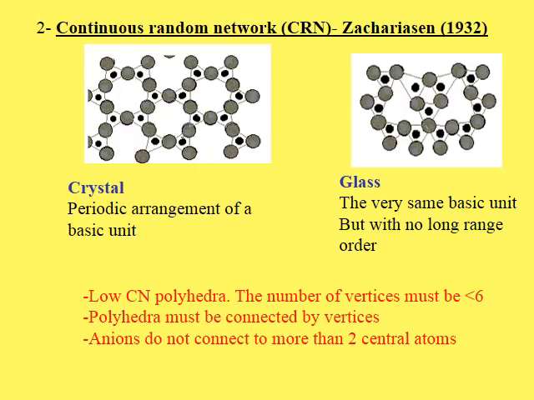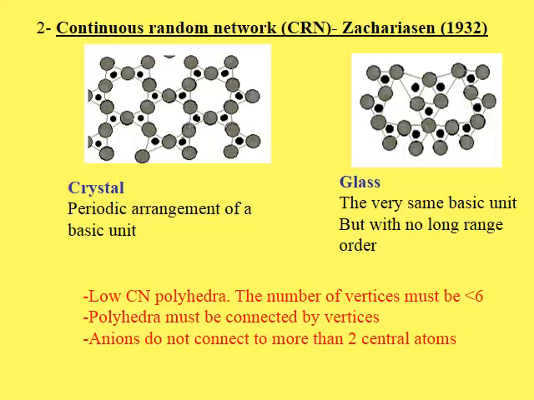Zachariasen, in his famous paper of 1932, also proposed some rules that would allow the formation of his continuous random network. The rules are like this: low coordination number polyhedra, the number of vertices must be lower than 6.